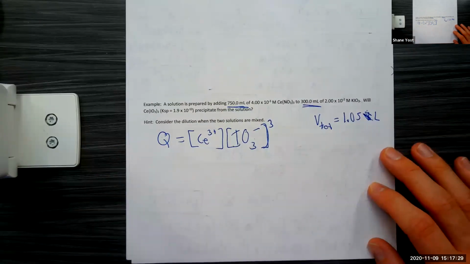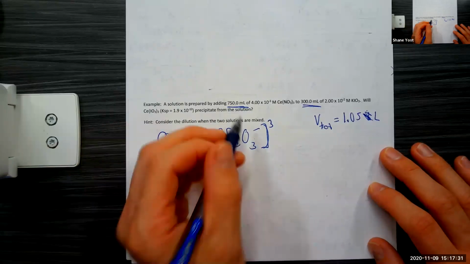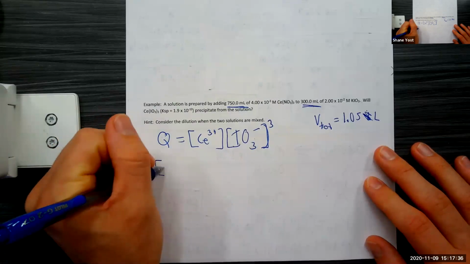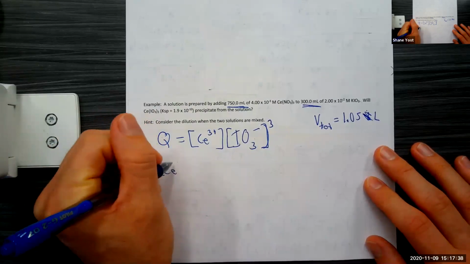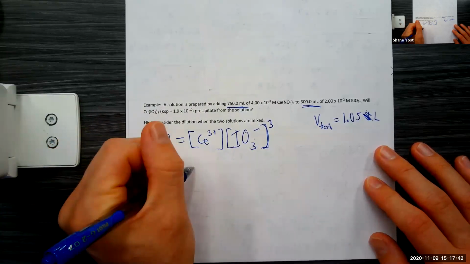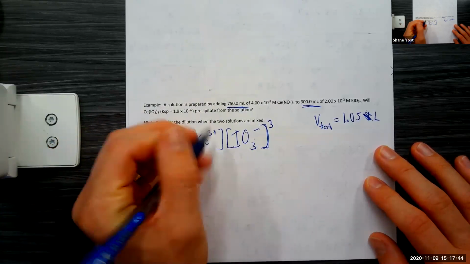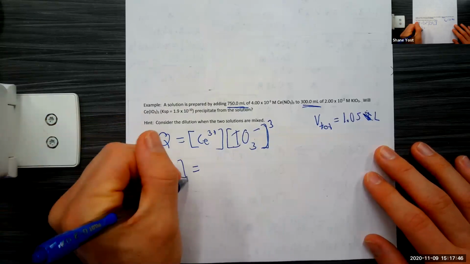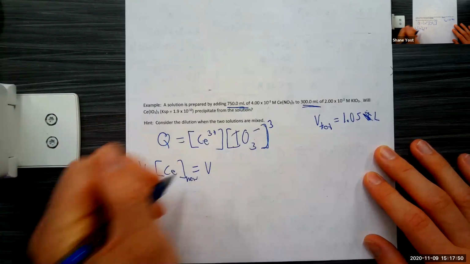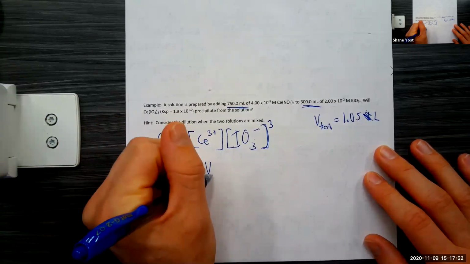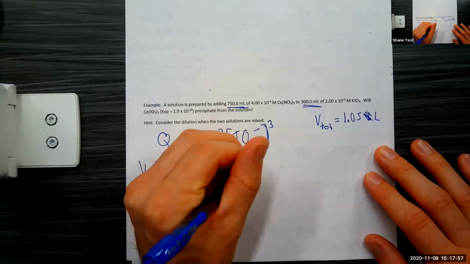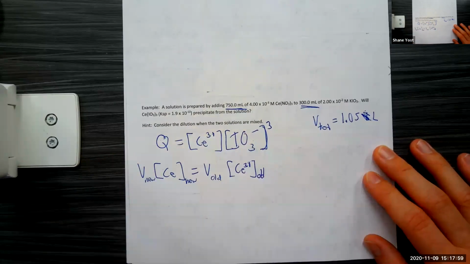And so I need to get the new concentrations, because I'm diluting these two things. The concentration of cesium is going to be related to, like an M1 V1 type thing, the old concentration of cesium 3 plus.